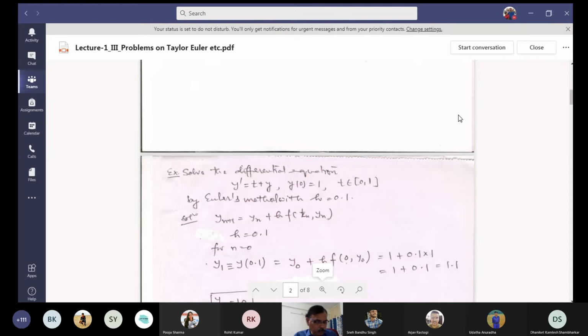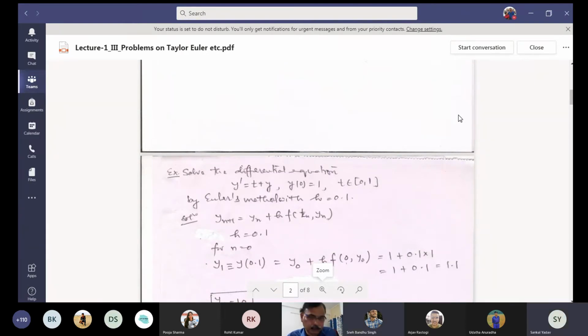So it requires two values, y_{j-1} and y_j both, meaning the previous value and the one before that also. Is that clear?